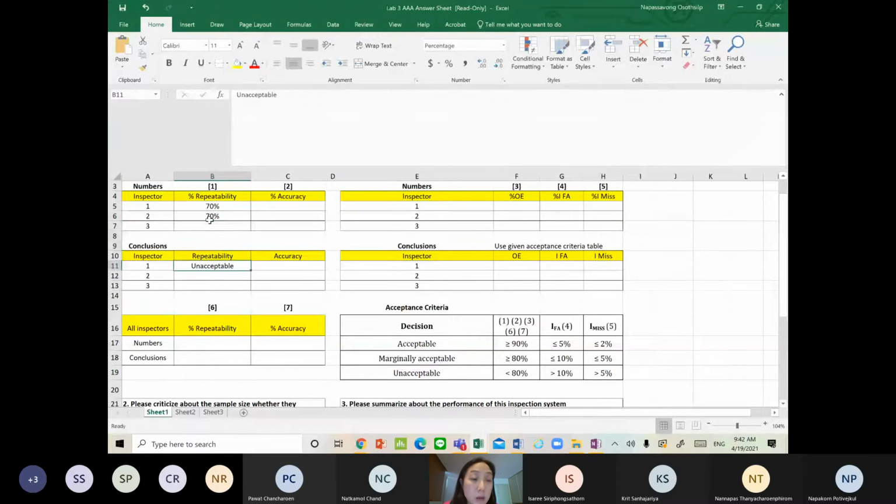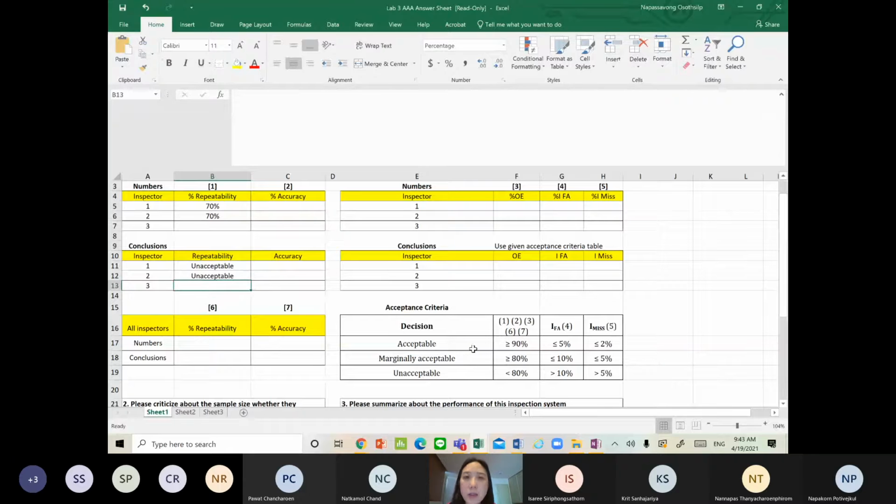And let's make a conclusion whether we're going to accept this performance or not. Inspector 2 belongs to this column, and 70% is less than 80%, right? So we say unacceptable.